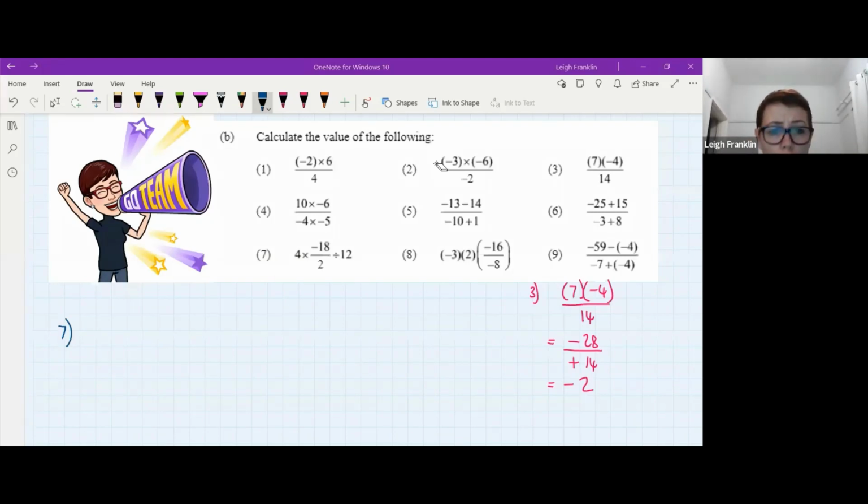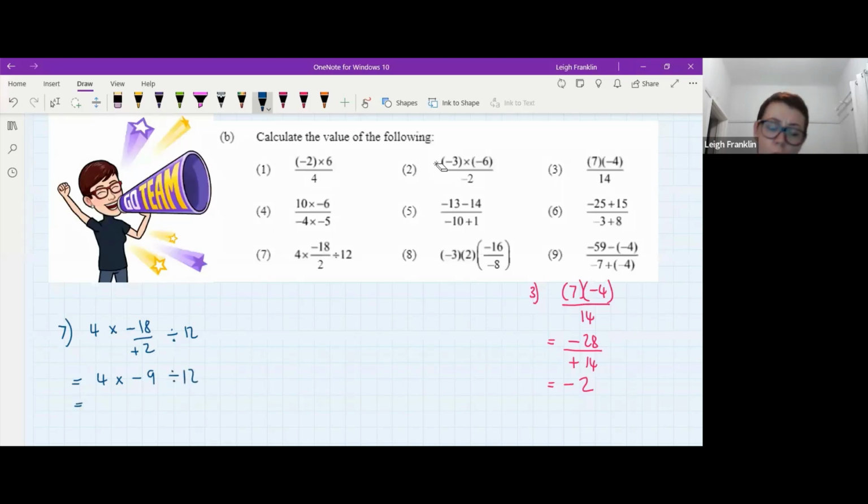So what we're going to do in question number 7 is we're going to say 4 times -18 over 2 divided by 12. So 4 times a negative divided by a positive is a negative. 18 divided by 2 is 9 divided by 12.